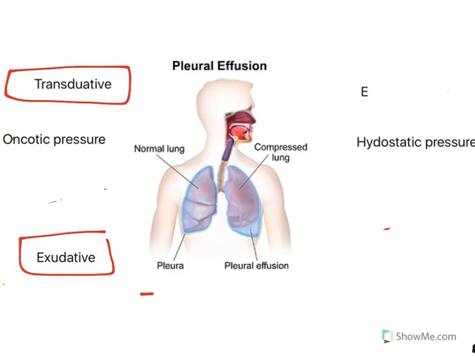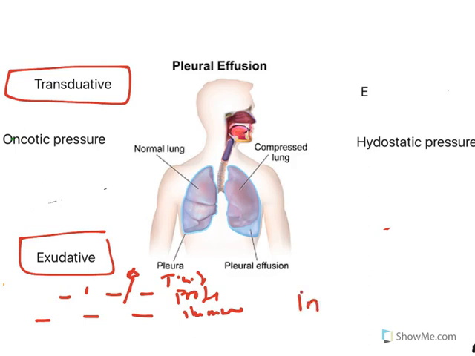Exudative is inflammation of the blood vessel, so we have inflammation in the blood vessel and the capillary space will be widened. That's why fluid, protein, and immune cells will go outside the blood vessel and move into the tissue.